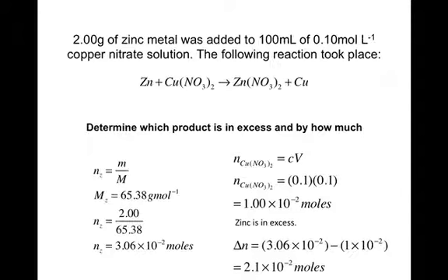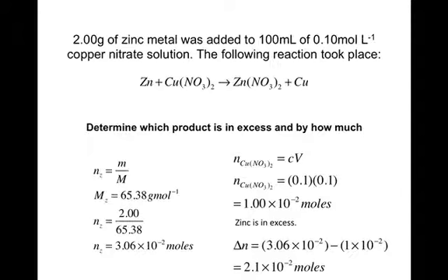And as a result, we see that we have 2.1 times 10 to the negative 2 moles of excess zinc metal.